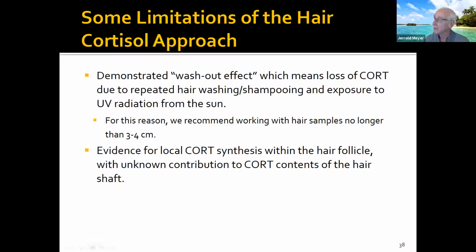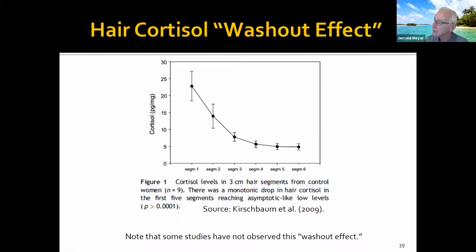So if you look at the first demonstration of this, this was the first demonstration, Kirschbaum's group again. They had women who had quite long hair, N of 9, and they took 3 centimeter segments. So this is the 3 centimeters closest to the scalp, next 3 centimeters further out, and so on.